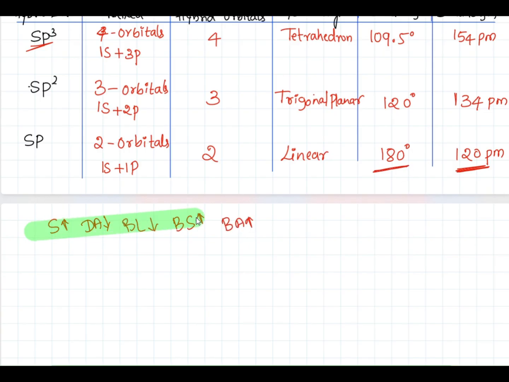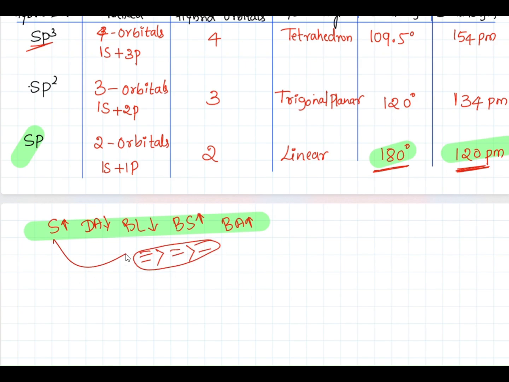In sp hybridization, the s character is more, so it exhibits the lowest bond length, lower donor ability and higher bond angle. The bond strength of the triple bond is more than the double bond and single bond. The strength of the bond increases as s character increases.